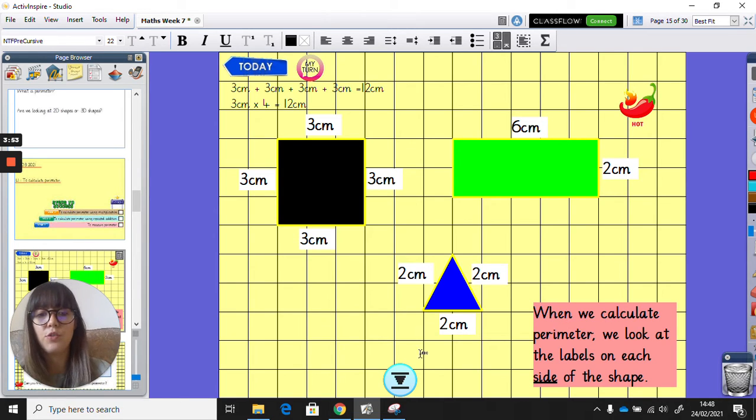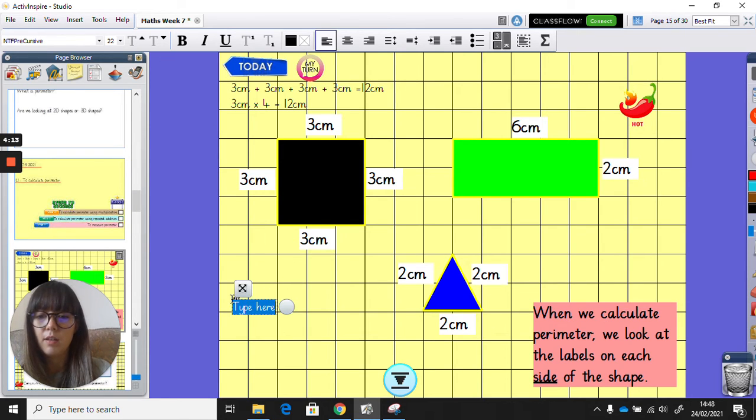Let's do the same with our triangle. Now with our triangle, we've found out that all of the sides are the same length. We don't always know, unless it's an equilateral triangle, we're not always sure that all the sides are the same length, okay? But this is telling us that they're all 2 centimetres. So we need to look at all of the labels for each of the sides.